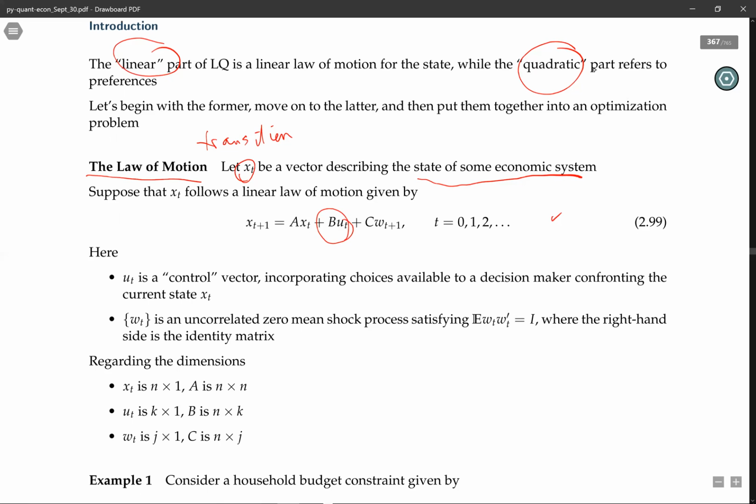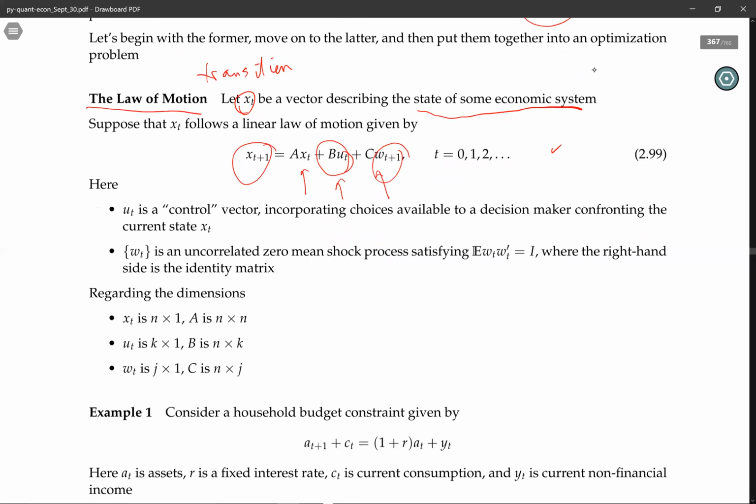So you come into the system, you face an xt. You, the decision maker, choose a ut vector. Nature then draws these shocks, and next period's state evolves. That's how it goes. And again, wt is just what we talked about before. It's going to be this sequence of shocks.